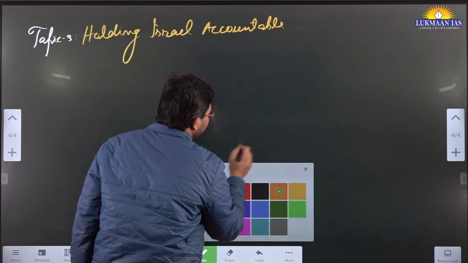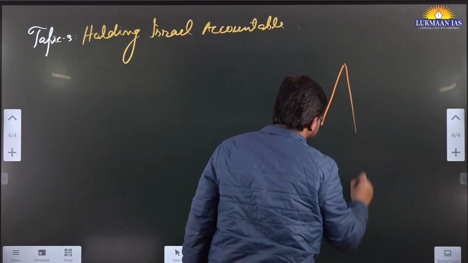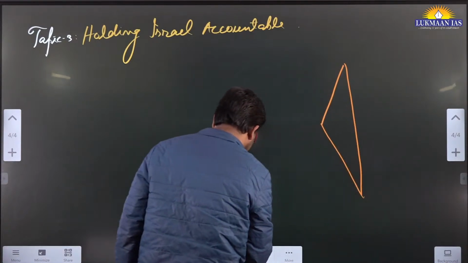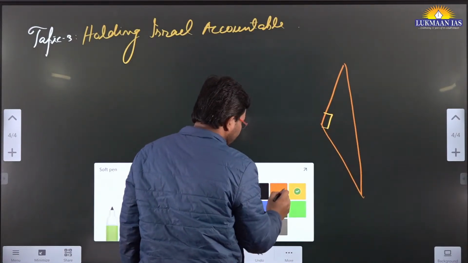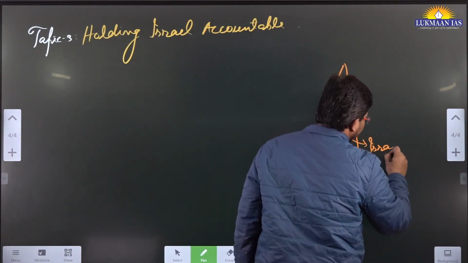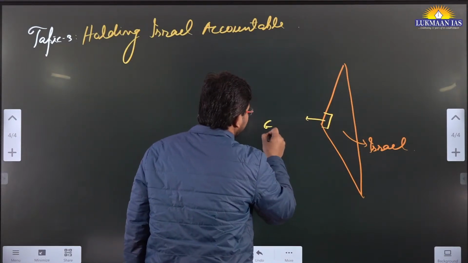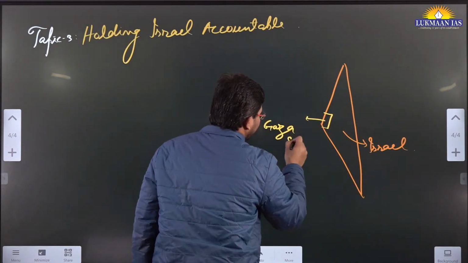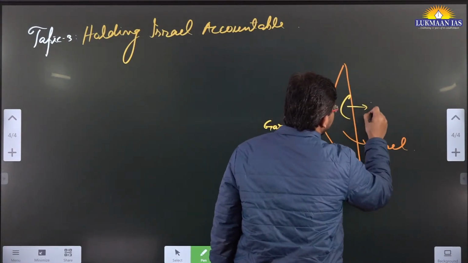We all know, let me quickly draw a map of Israel. This is the map of Israel. This is known as the Gaza Strip. Over here we have the West Bank.